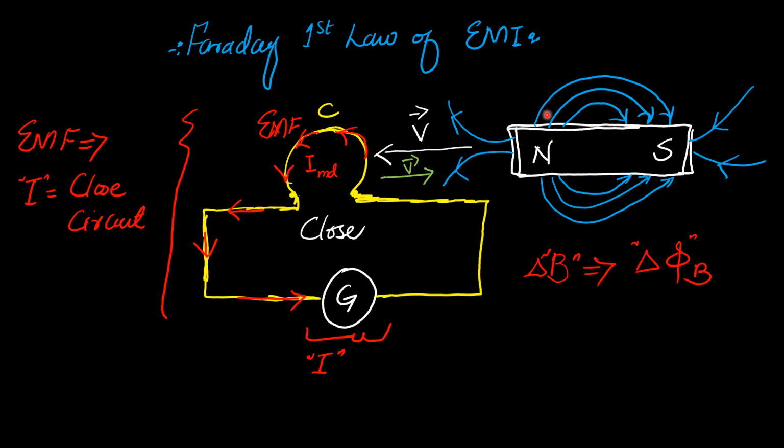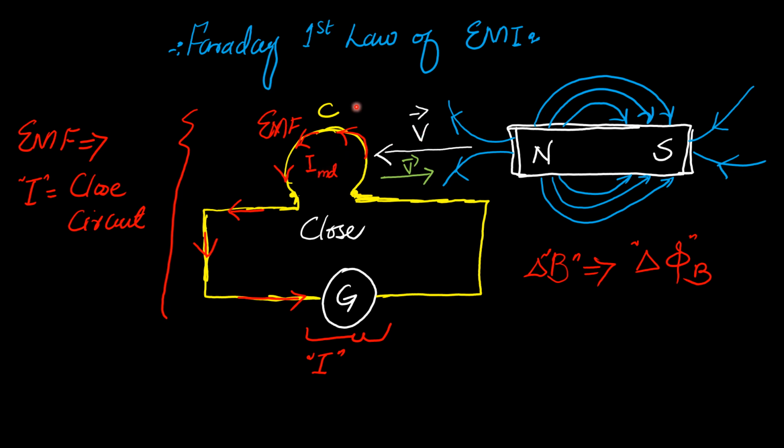But if the magnet is in a stationary position, or it is just placed, then there will be no production of induced EMF if the coil is also stationary. However, if the magnet is stationary and the coil moves toward the magnet or away from the magnet, then there will be a generation of an electromotive force in the coil, which will induce an electric current.